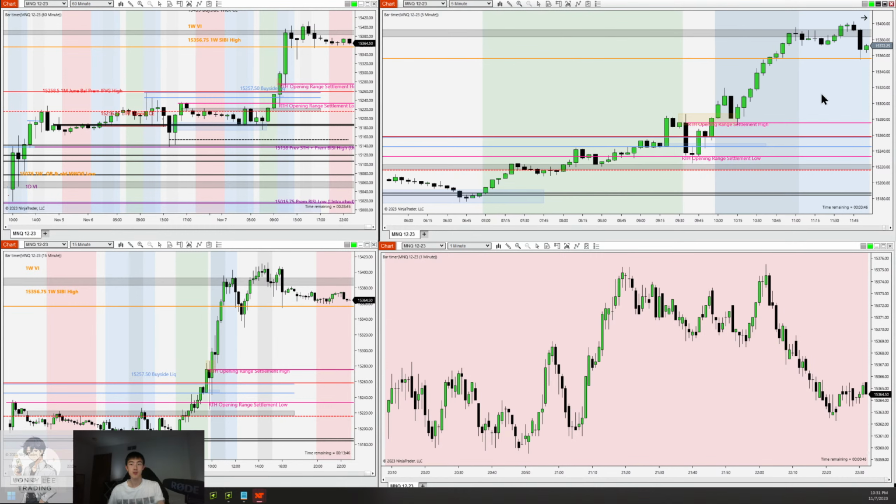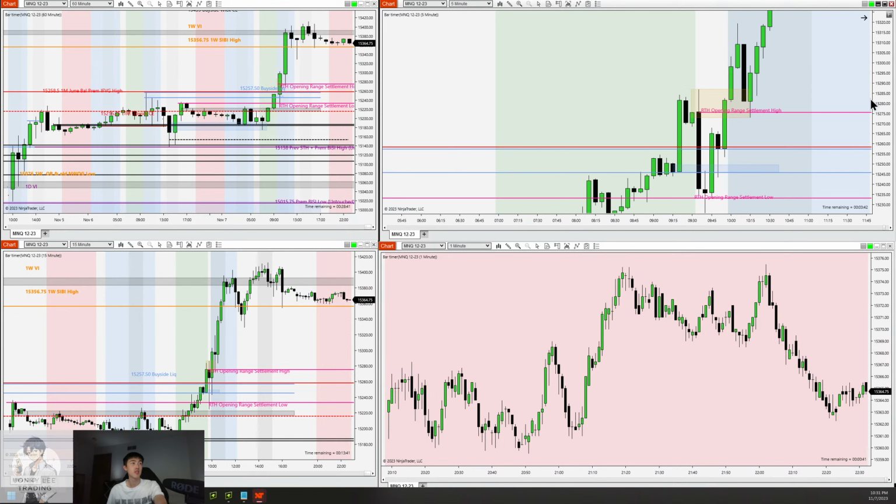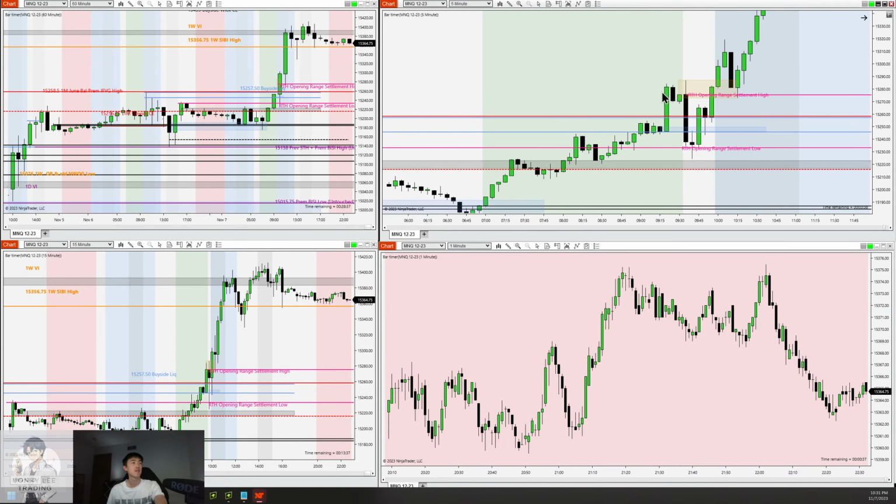Let me zoom in a little closer on this one here. Remember, we talked about a mitigation block, right? If we look at the bodies of this, low, high, lower low, higher high, where do the bodies end up?